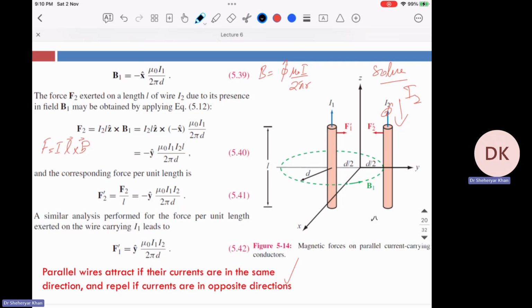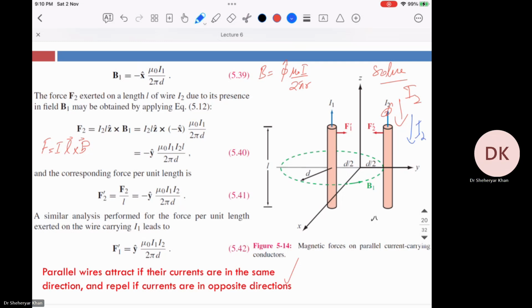Any question? So if you consider this I2 going down, right?